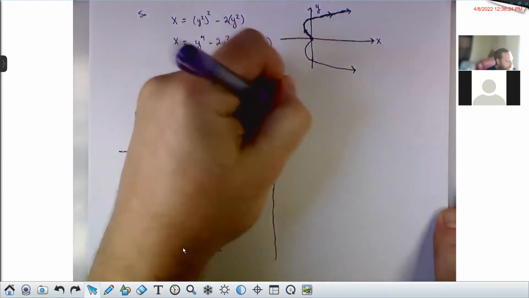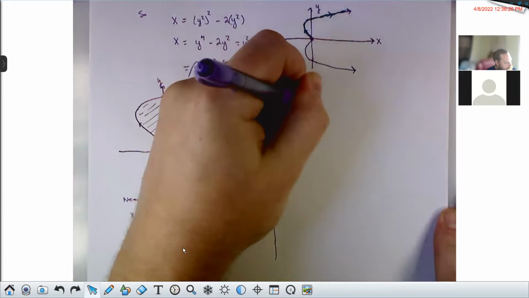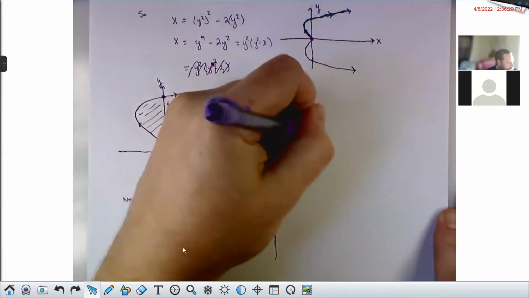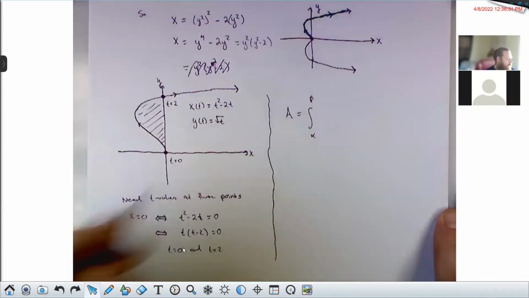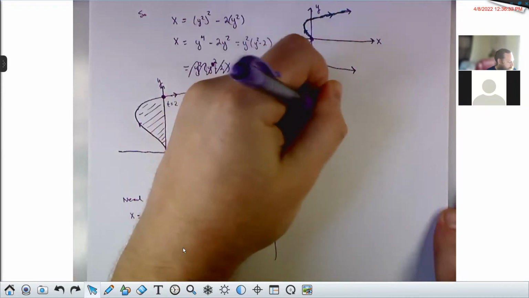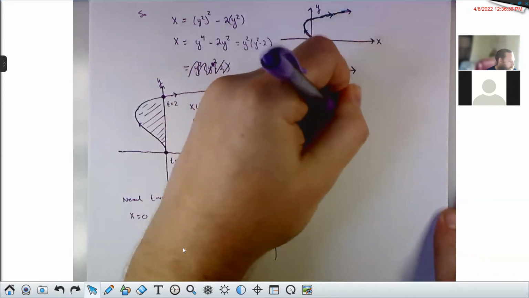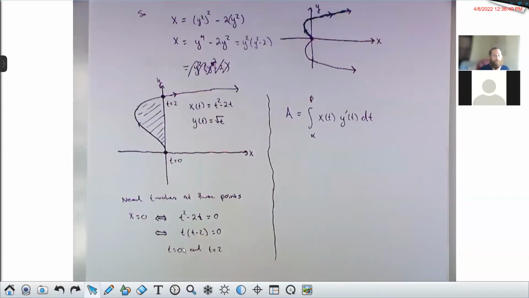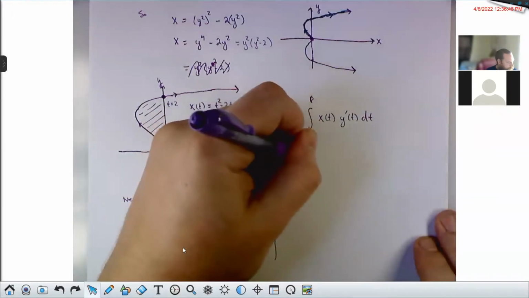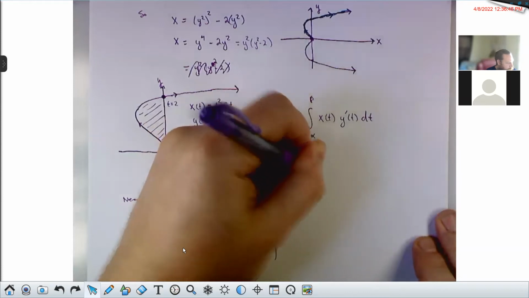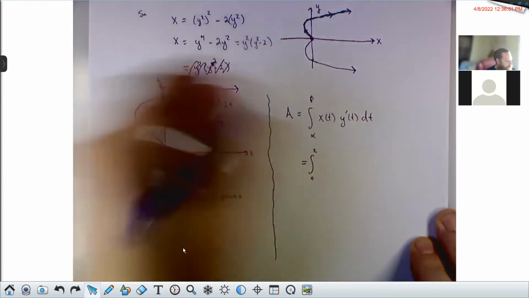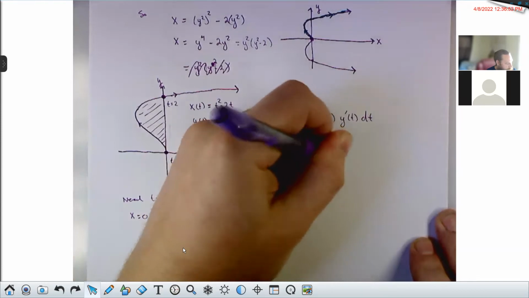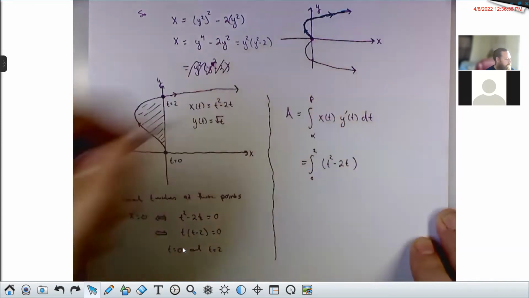So that area will be the integral from, I'll write the formula, alpha to beta of x of t times y prime of t dt. That's the integral from 0 to 2. x of t is t squared minus 2t.